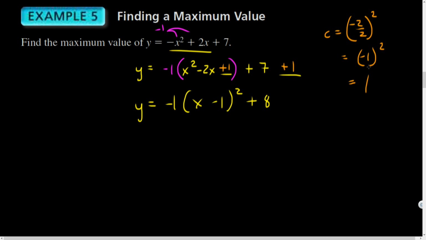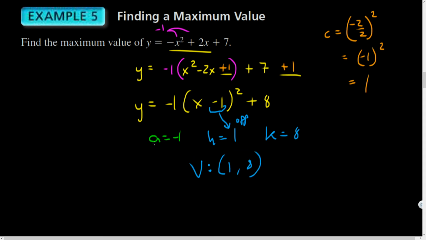It's half of that. It's the thing that I had before I squared it. And so let's write this down. So a equals -1. Let me get my sky blue here. H equals +1. K equals +8. Remember, this is always the opposite. OPP. So my vertex is 1, 8.